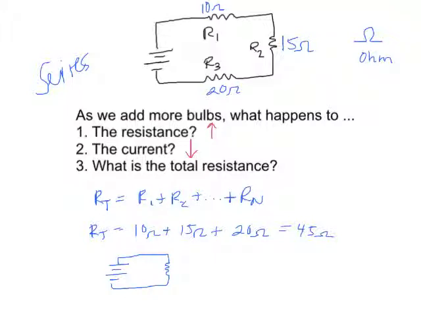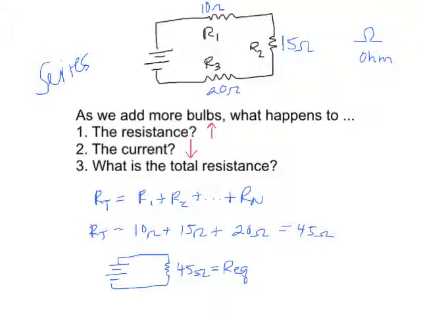The squiggly line is just the schematic version of a resistor, and that's something standard you'd see in any class. In a circuit with a battery, some zigzag lines stand for a resistor. Okay? And that's our equivalent resistance, or you could call it our total resistance because it's for the whole circuit.